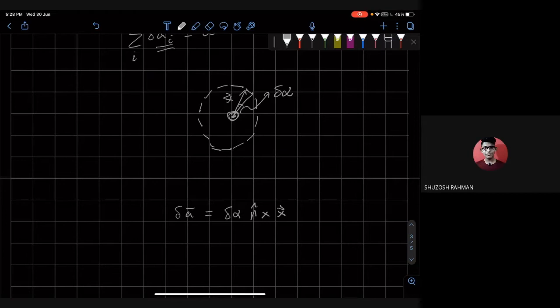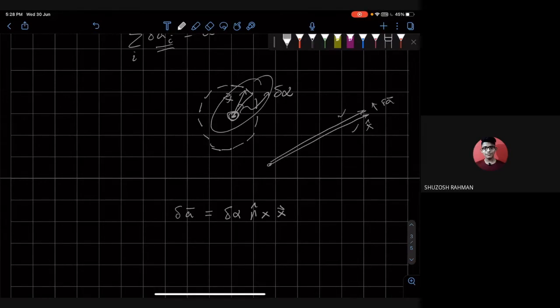Yes, sir. A question: does the direction in which n points matter in this context? It doesn't, because they're almost the same, right? If I zoom in, this is the first arrow, and this little thing is delta A. So these two are almost the same.